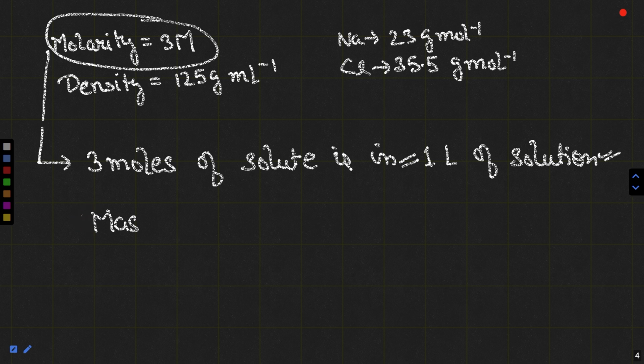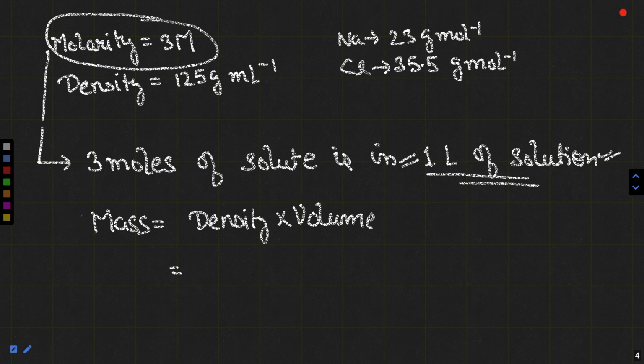Mass can be calculated as density multiplied by volume. So we are calculating the mass of 1 liter of solution. Now, density is how much? It is 1.25 gram per ml. If I convert this 1 liter into ml, I will get 1000 ml.